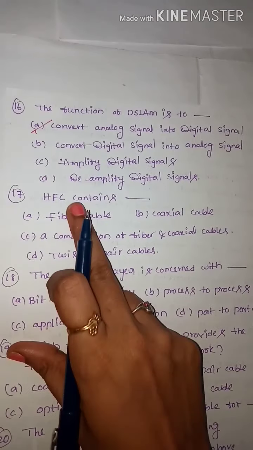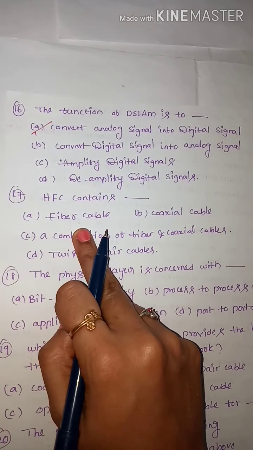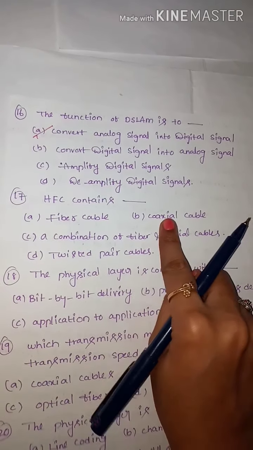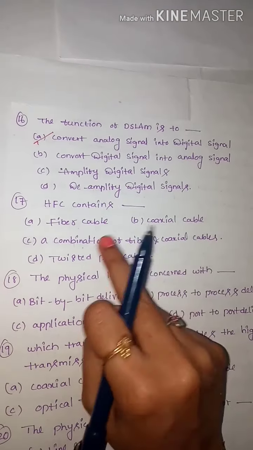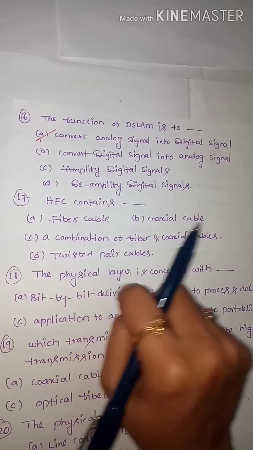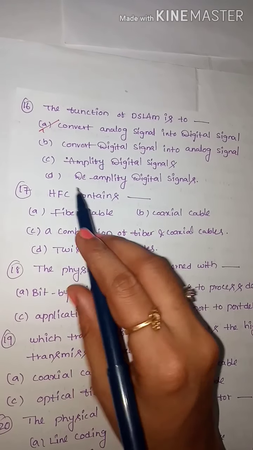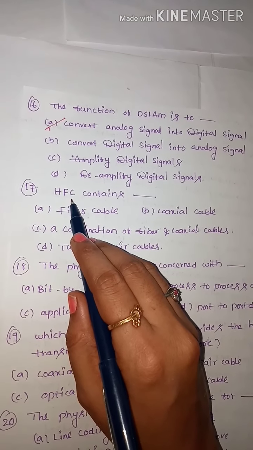Next one, HFC contains dash. Option A, fiber cable. Option B, coaxial cables. Option C, combination of fiber and coaxial cables. Option D, twisted pair cables. Here, HFC stands for hybrid fiber coaxial.